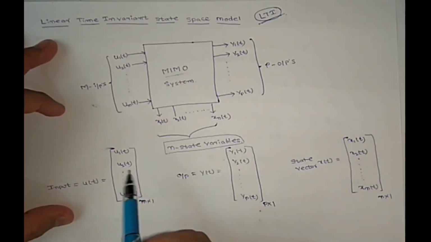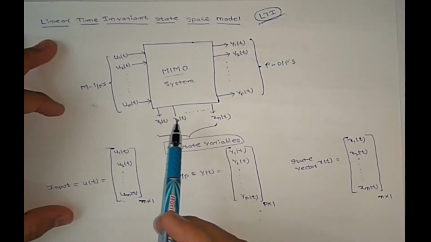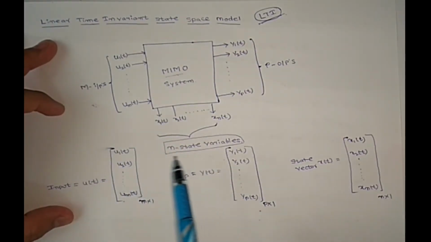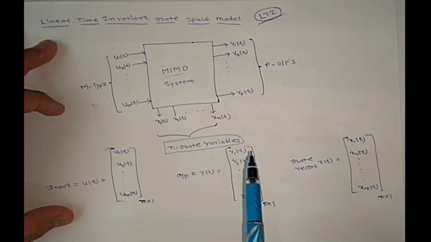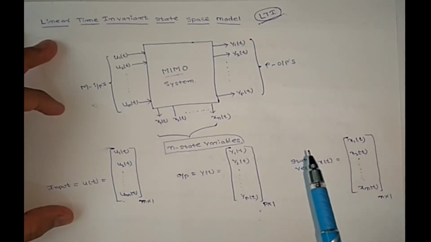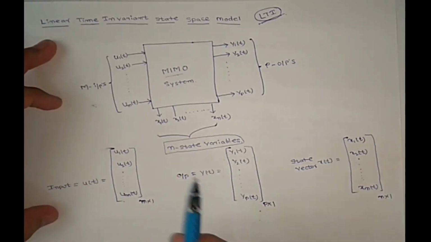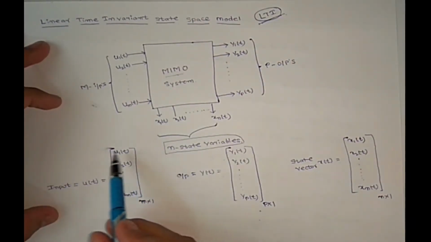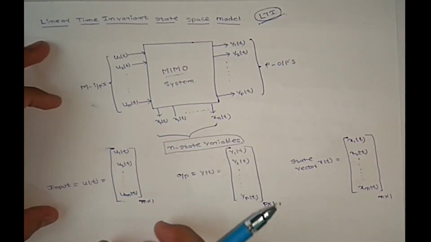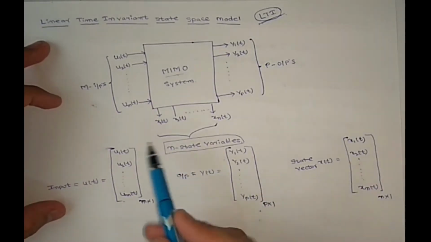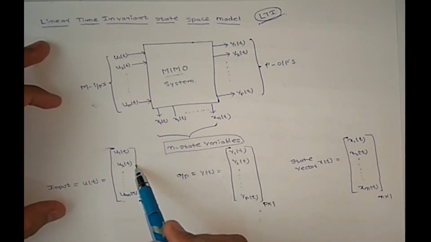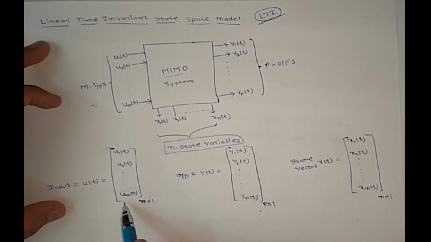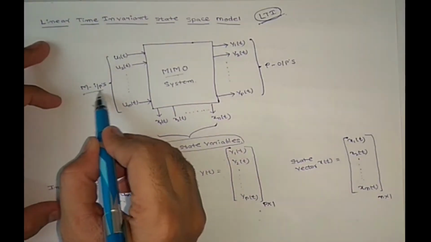Here everything we are dealing with is in the time domain, whereas the transfer function deals with the frequency domain, right? Input we can write in matrix form because we have many inputs: u1 of t, u2 of t, and so on, m number of inputs.